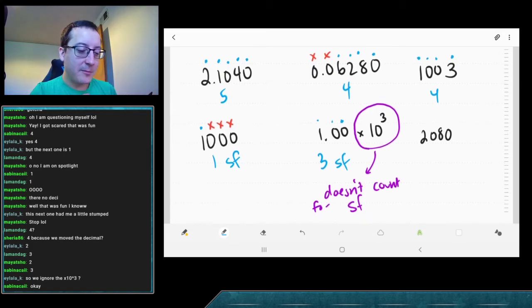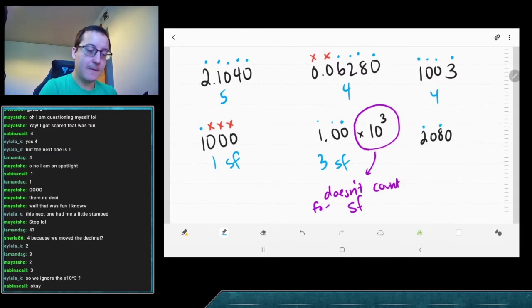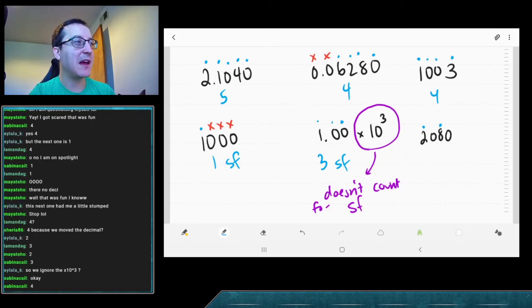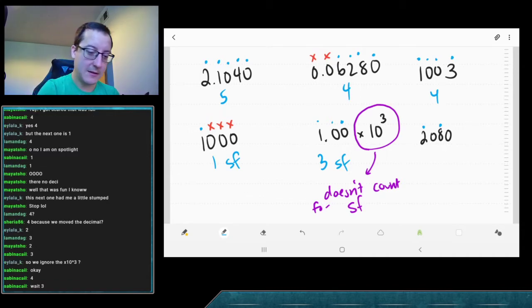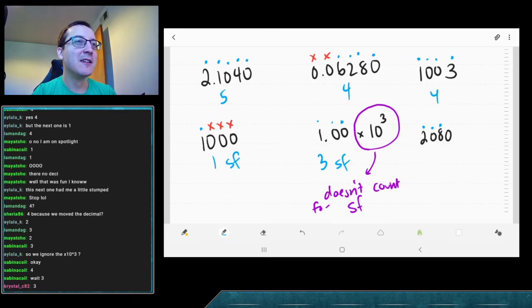As am I, hopefully. Okay, the last one here. 2 and 8. Absolutely. Okay, and we have 2 zeros here. We have a 0 in between numbers, and we have a 0 at the end. So 0 in between, yes. 0 at the end.